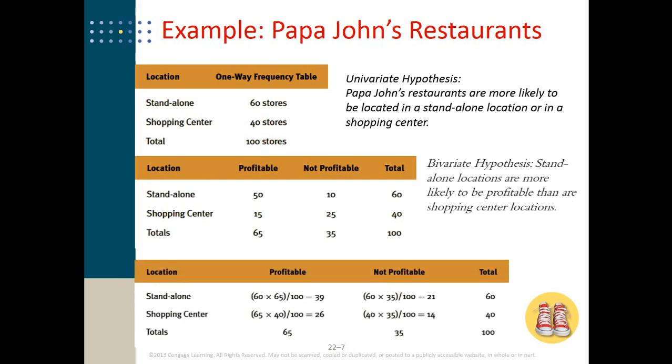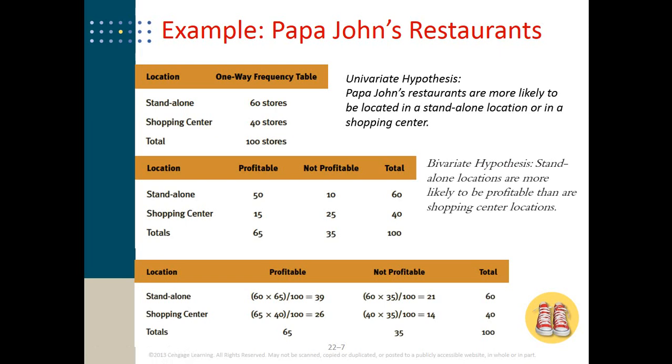I think you can remember the Papa John's Pizza Restaurant example from the last lecture. We used the same example for a univariate chi-square test. They made a survey about the location of their stores. Among 100 stores, they found that 60 stores are located in a standalone location and 40 stores are located in shopping malls.